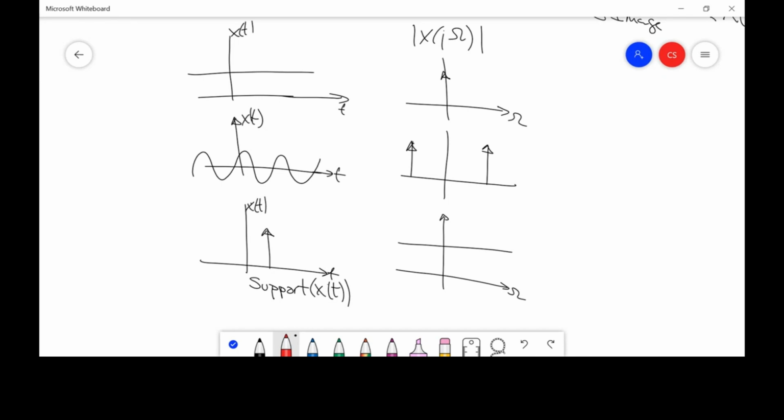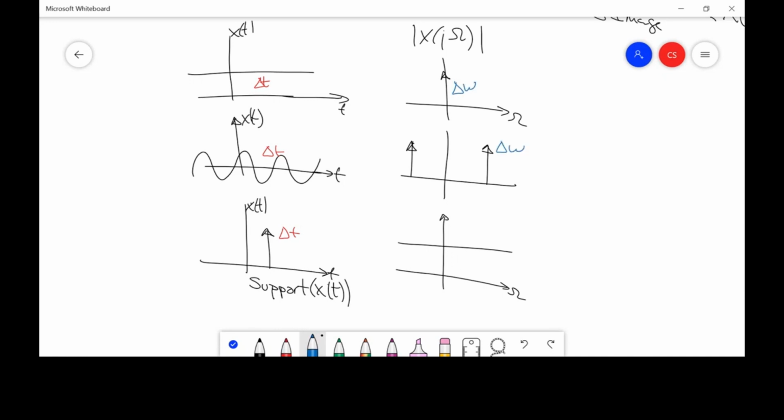So let's somehow encode this by delta t, and delta t is more or less how much space you need to define your signal. So here delta t is very wide, it is infinite, and here it is very small, and here we would have delta omega.